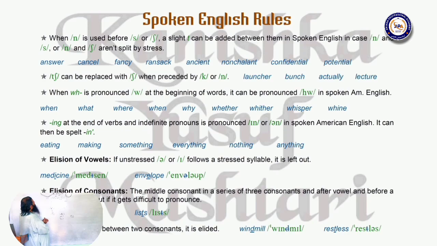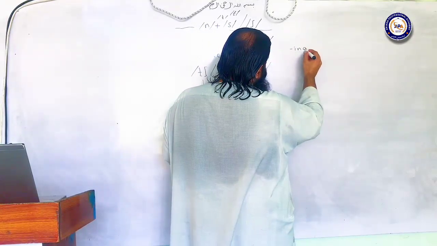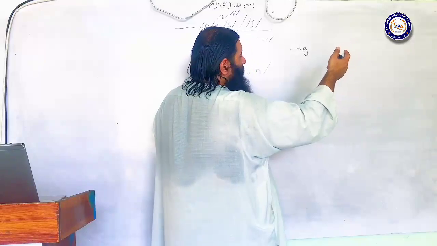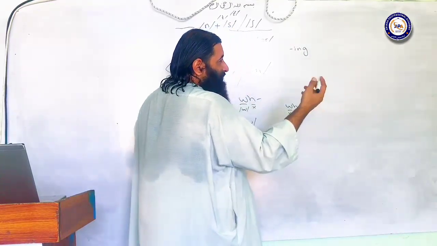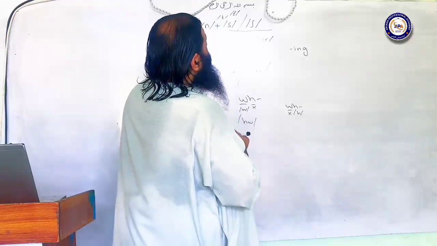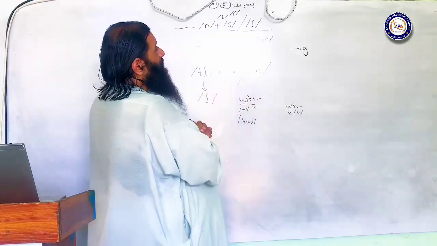Alright, next rule: -ing at the end of verbs and indefinite pronouns is pronounced "in" or "n" in spoken American English. It can then be spelled as -in' with an apostrophe. Another rule for American English: when we have -ing at the end of verbs, and at the end of indefinite pronouns like something, anything, everything, nothing, etc. Not in other words, only verbs ending in -ing and indefinite pronouns.